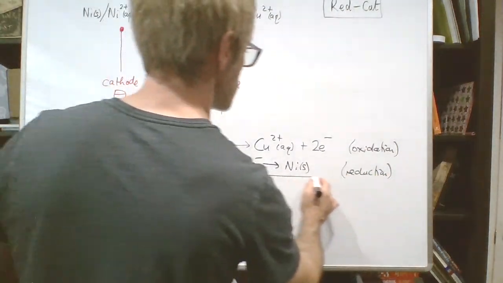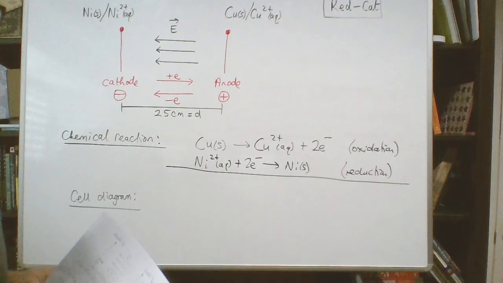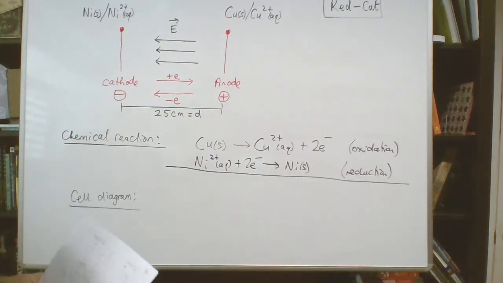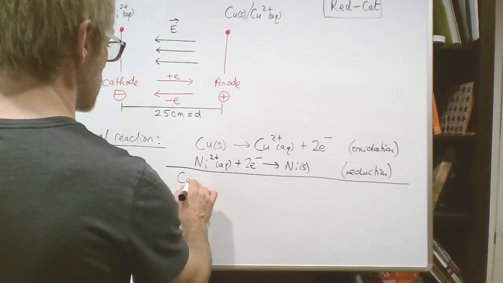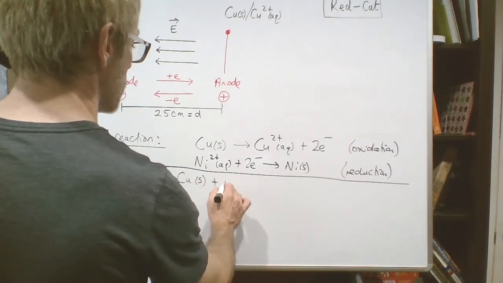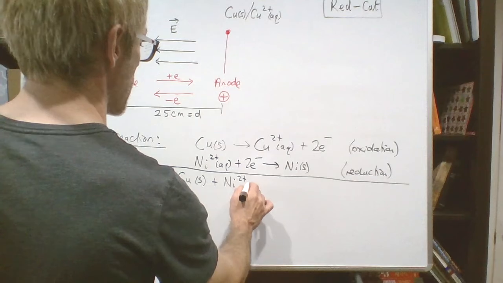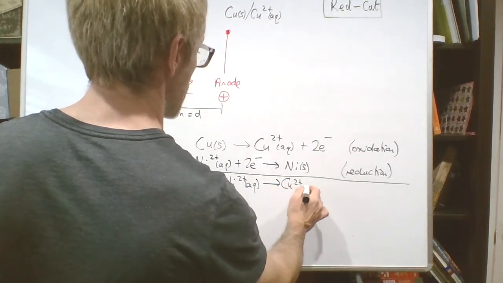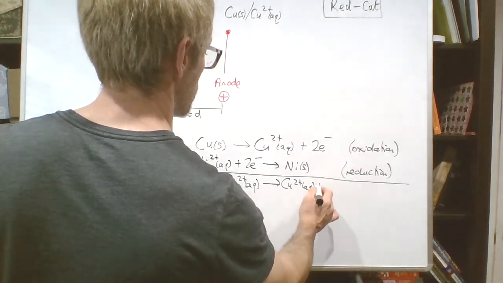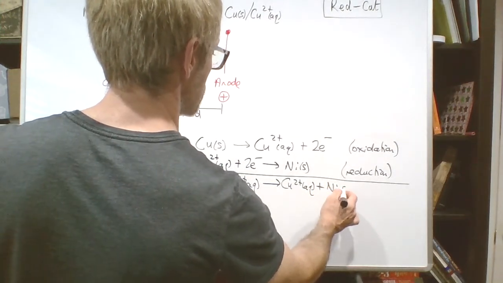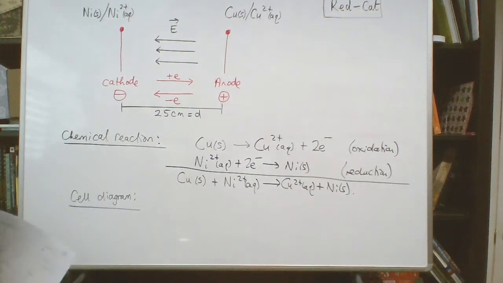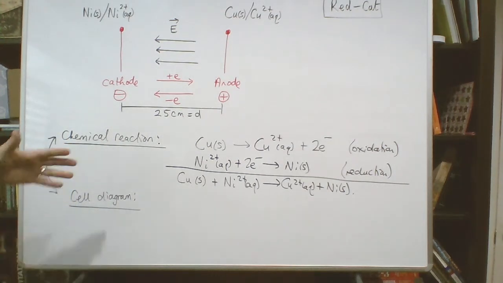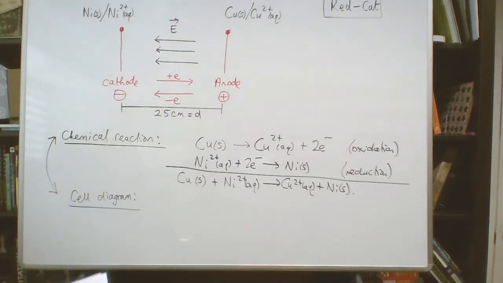If we combine those two together, here we don't need to scale as we did earlier because we have the same number of electrons. So we could just write copper solid plus nickel 2+ aqueous to give copper 2+ aqueous and nickel solid. Again, it's important that a student can go back and forth between the chemical reaction and the cell diagram.